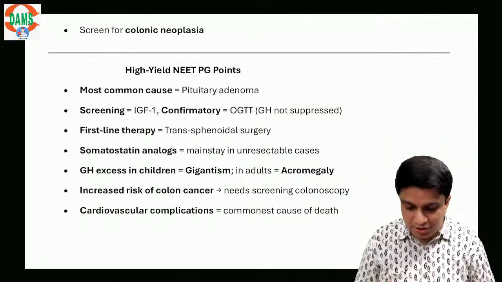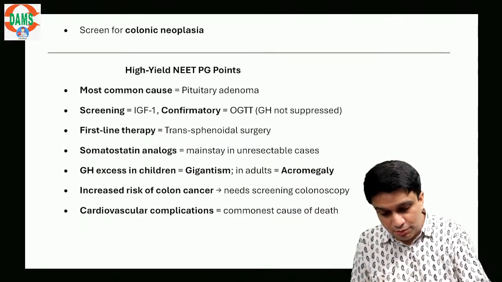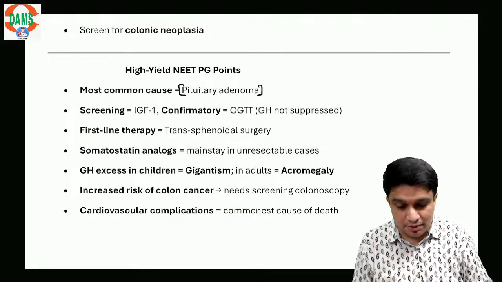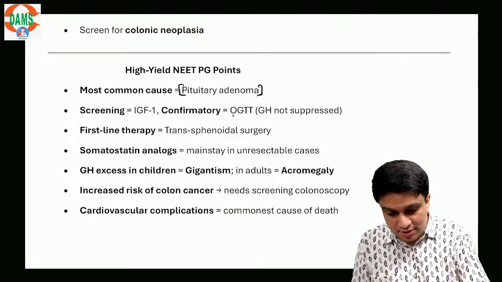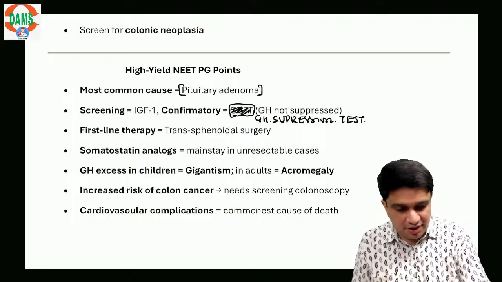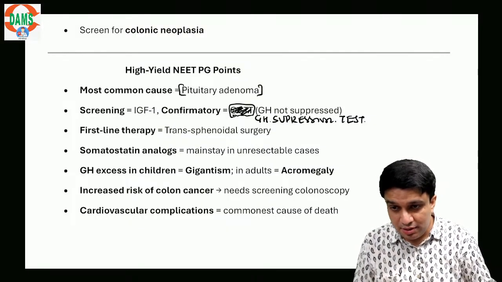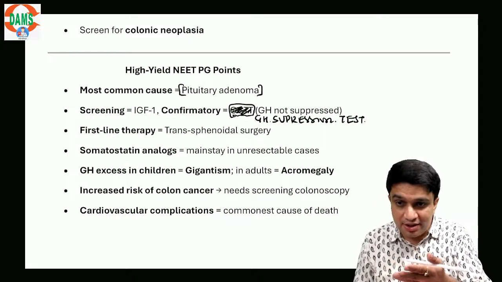So high yield points, what are the high yield points? The most common cause for this is a pituitary adenoma. Please remember, the screening test is not the oral GTT, it is the growth hormone suppression test. The IGF-1 level is a screening test. In prolactinoma the first line is medical.